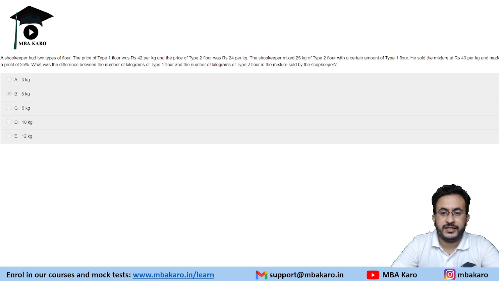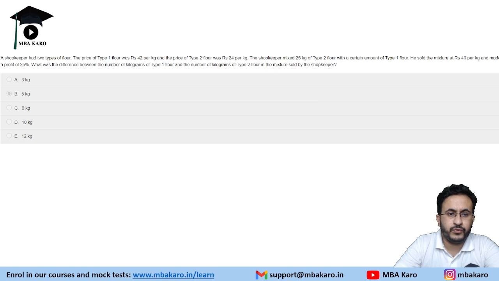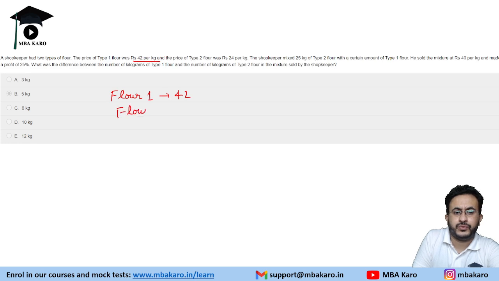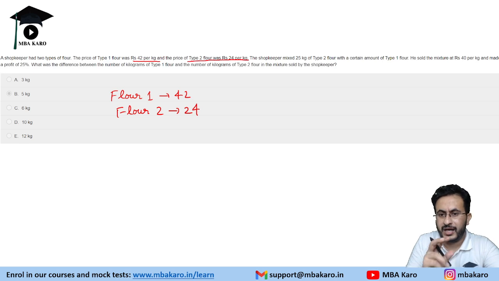Next question. A shopkeeper had two types of flour. The price of the first type of flour was 42 per kg, and the price of the second type of flour was 24 per kg. Okay, flour 1 is 42, flour 2 is 24 per kg. Since the text might not be visible, I am reading it out for you and mentioning the values also.